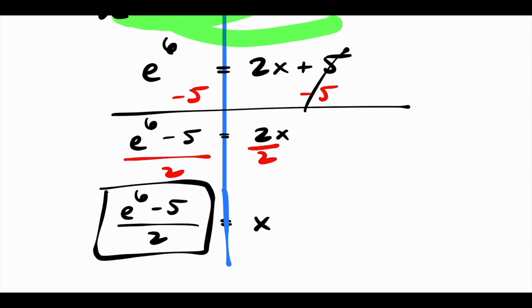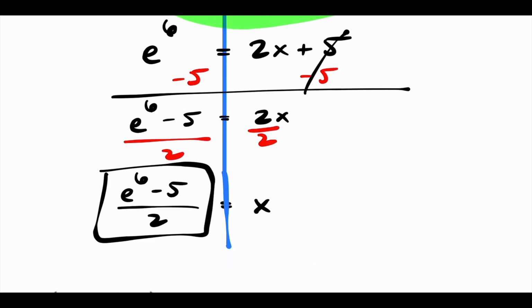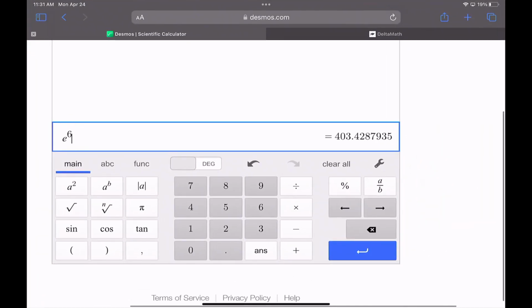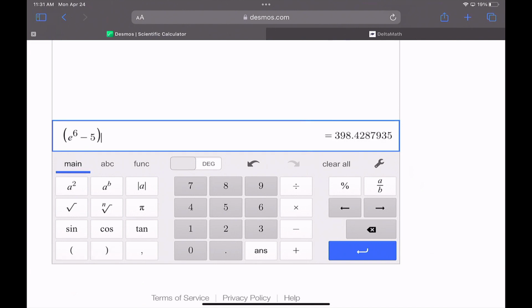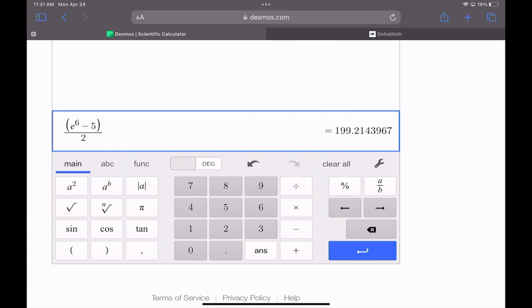You got your answer. Again, I'm not going to put this in my calculator because it's going to be a long decimal. Watch. E to the 6 minus 5, divided by 2.